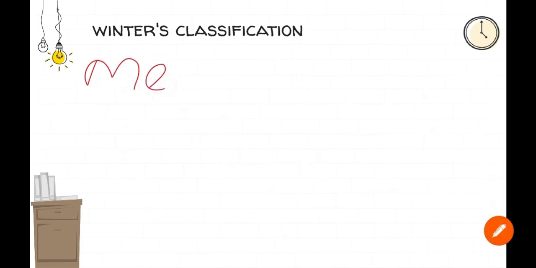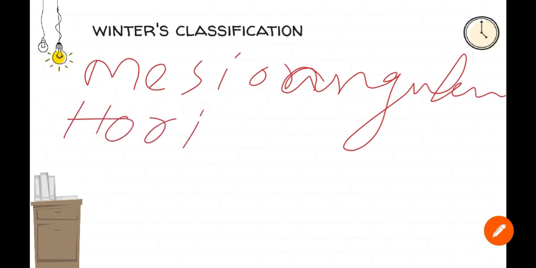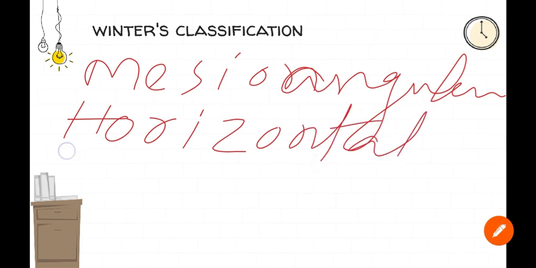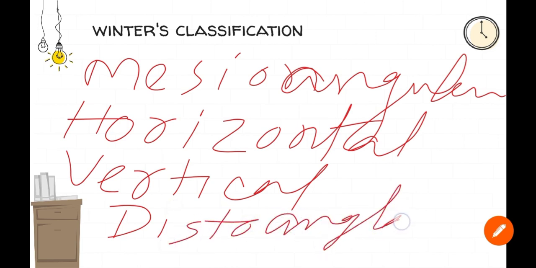So we talked about mesioangular, then horizontal, then vertical, and lastly distoangular. Now if we give a difficulty index value, mesioangular is the easiest of all impactions.